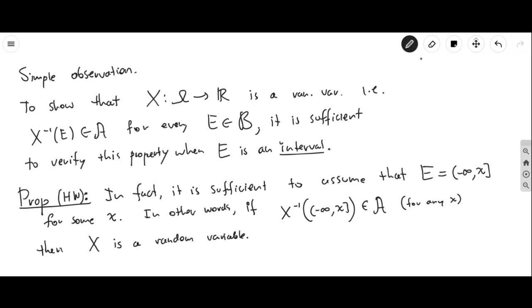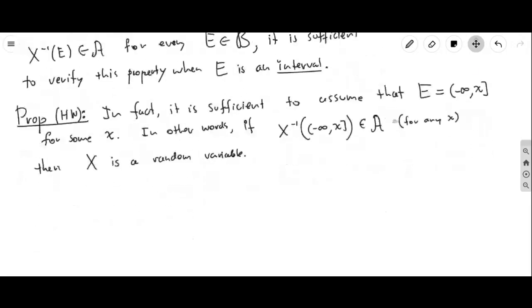So what we're basically saying is, if you want to show that something is a random variable, first you can reduce it to the case where the event is an interval, and furthermore, you can assume it's an interval of this form. And then you have even fewer things to check.